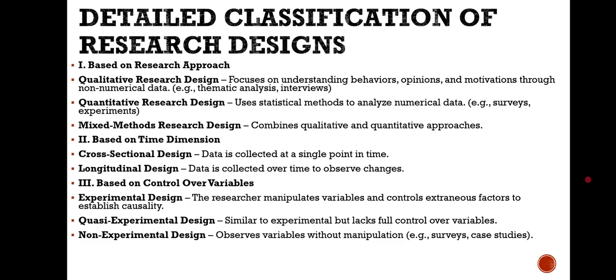Based on control over variables, here we have three designs: experimental design, where the researcher manipulates the variables and controls the extraneous factors to establish causality. In case of quasi-experimental design, it is similar to experimental but lacks full control over variables. And in case of non-experimental design, it observes the variables without manipulation. For example, surveys, case studies.